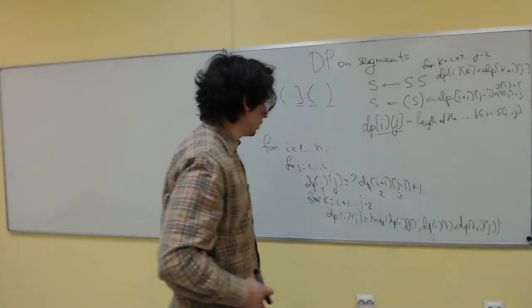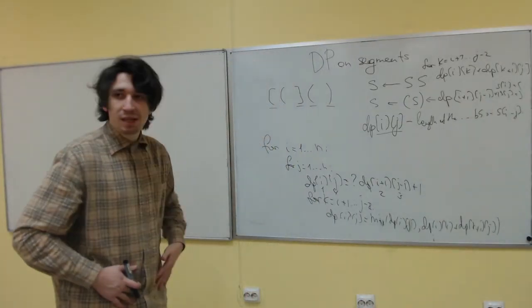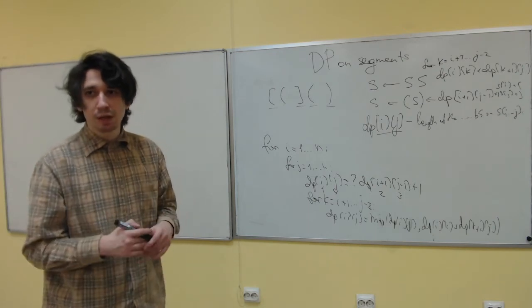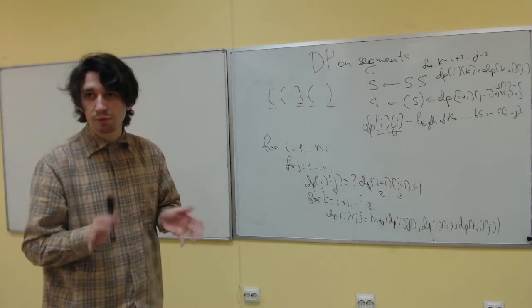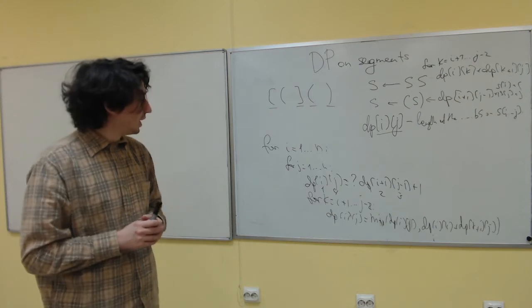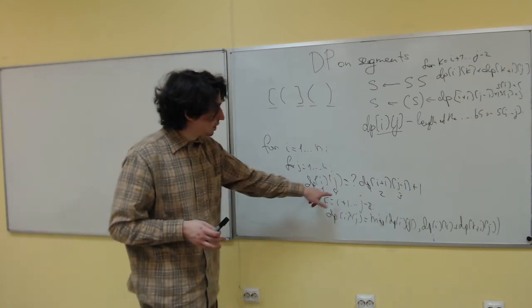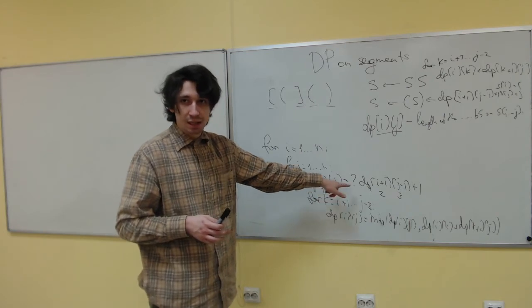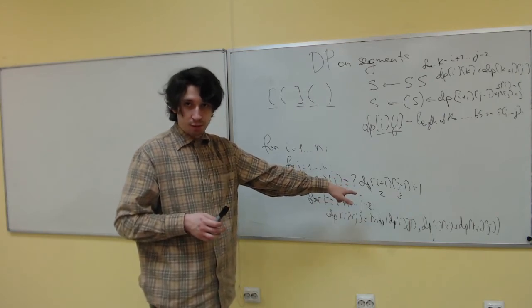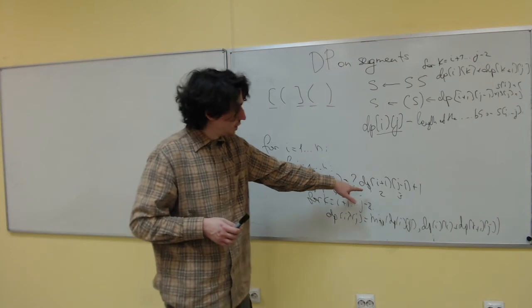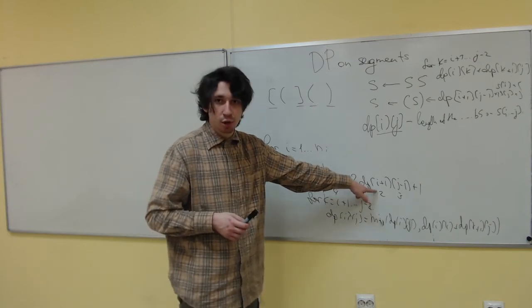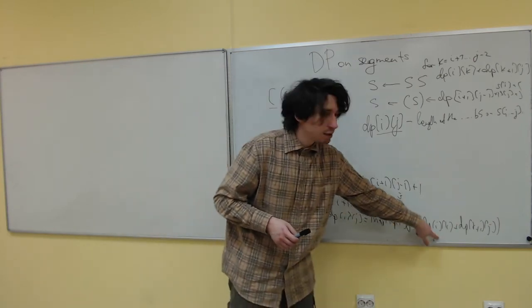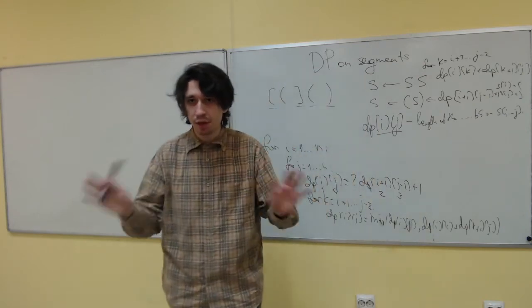Let me give you a hint. I think it's not clear what I'm trying to ask. You can see that the length of the segments is smaller on the right. Right? You see that this segment is smaller by 2, and this segment is smaller by some value, but they're definitely smaller.